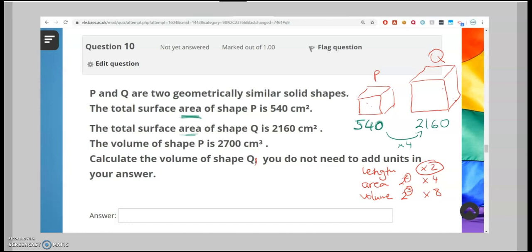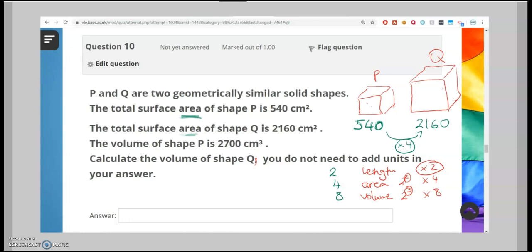Now, this tells me that the scale factor, which is for the length, is going to be 2, because this is equal to 2 squared. And as we said before, we square the scale factor in order to find out what number the area has been multiplied by. So this is 4. So the volume is 2 cubed, which is going to be 8.